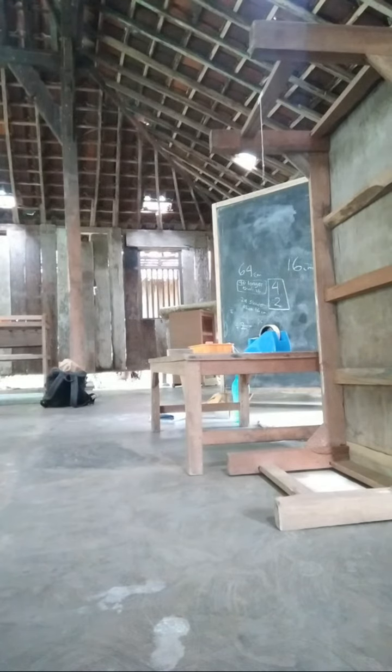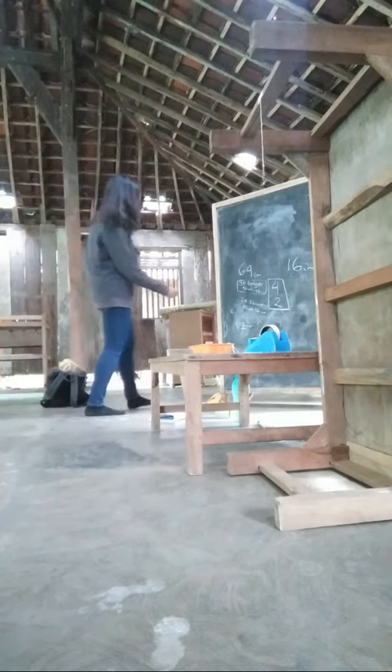If we compare this and this, can we write this number here? No. So which number can we compare? This one you cannot do, and this one you cannot do. So only this one, right? And you write this number. 72 divided by 2.